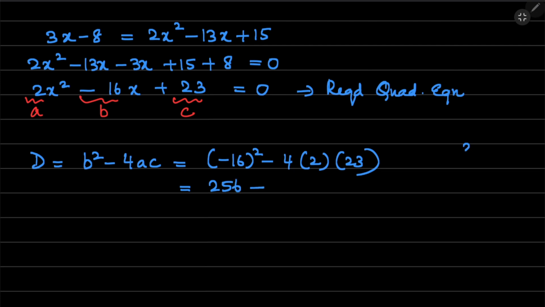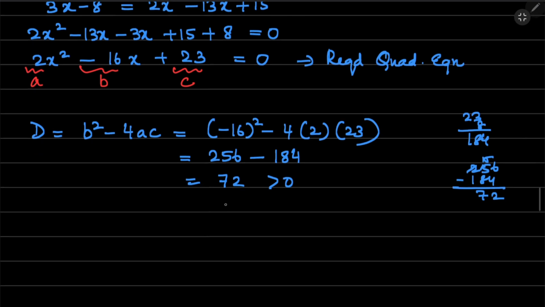Minus 23 multiplied by 8, 23 8s are 184. So 256 minus 184 will be a positive value. What is it? 256 minus 184. So you have 72. Right? You are getting plus 72, which is greater than 0. And real roots exist.